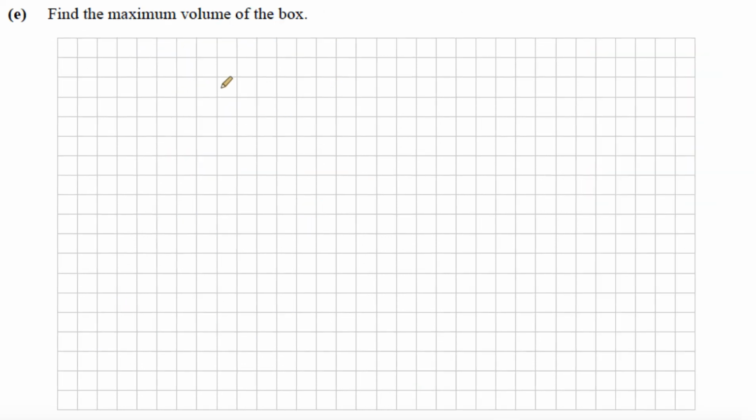So the volume would be 8 times 8 times 2. That's the length by the width by the height. And that gives us an answer of 128, and it's centimeters cubed for volume.